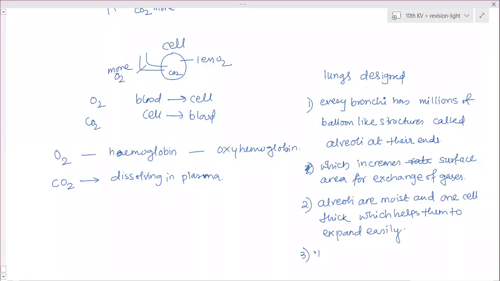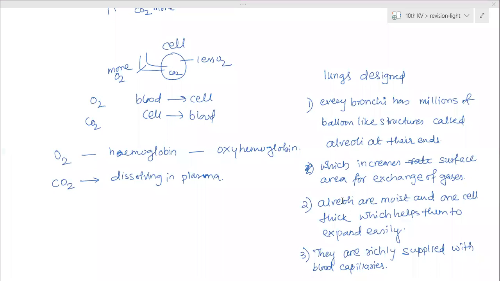And the third one, they are richly supplied with blood capillaries. So these are the 3 main points you have to explain for this question, and this question is always asked for 3 marks.